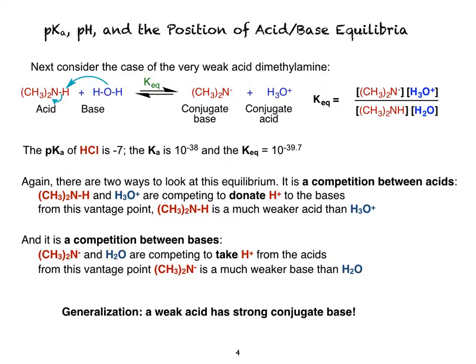In other words, we're going to have to increase the RNH3 plus 10 to 1 versus the RNH2 concentration in order for the KEQ, or the Ka, to stay the same. So we'll push the equilibrium 10 times over in the direction of the acid, the RNH3 plus. In other words, we have 10 times more RNH3 plus than RNH2 if we have 10 times more H3O plus concentration.